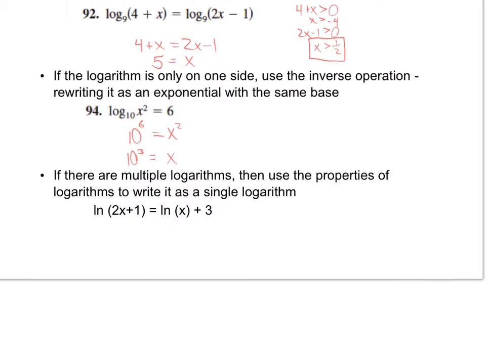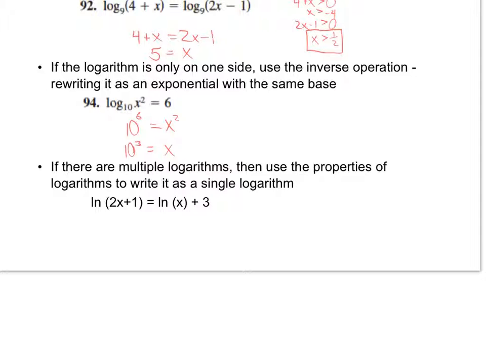And then one last one real quick here. If we have multiple logarithms, this is where we have to use those properties of logs. We're going to get the logs on one side, so we're going to subtract: ln of 2x plus 1 minus ln of x equals 3. And when you have subtraction of logs, what does that mean?